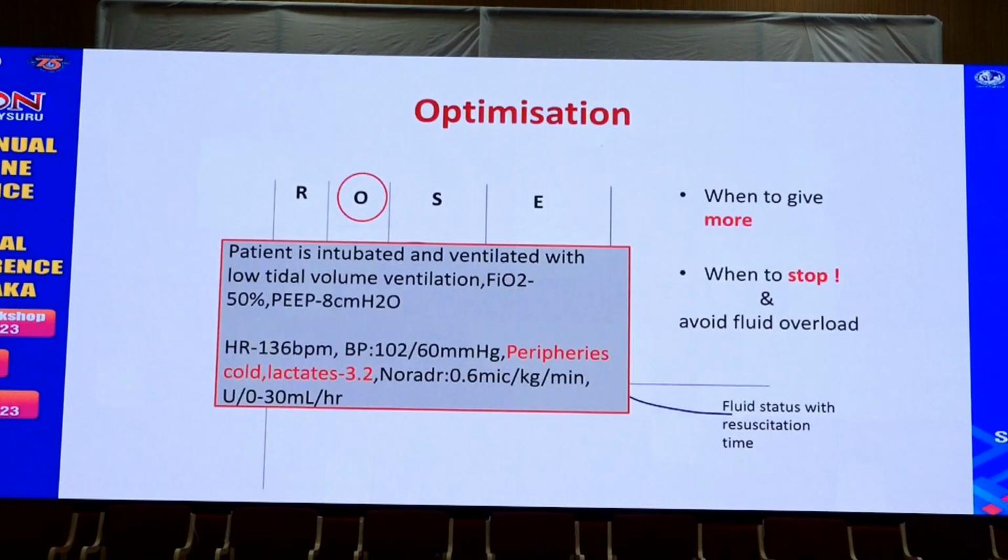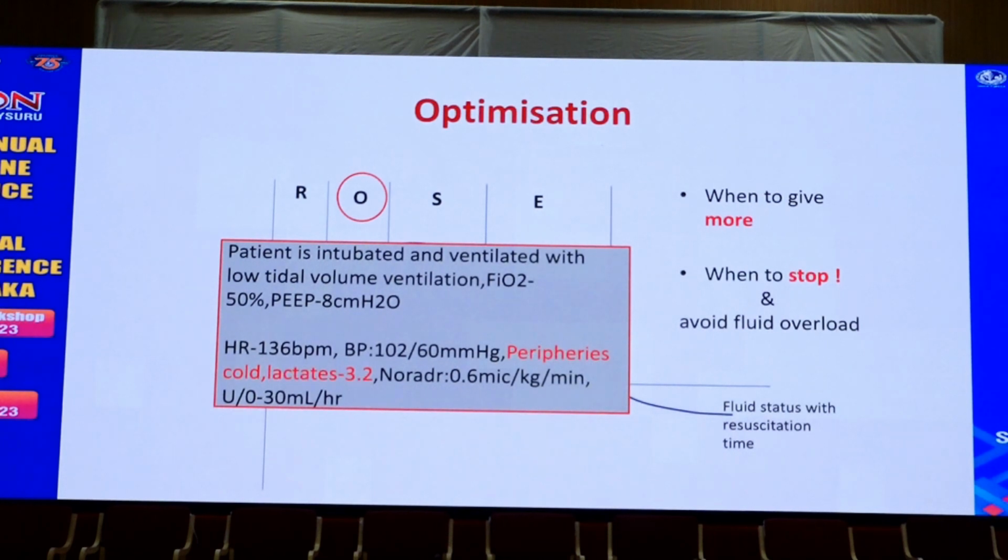But we commonly monitor and try to see whether fluids are beneficial or not. So this is the next phase once you finish resuscitation. So like life-threatening situation to organ support, where you try to optimize these patients. For example, our patient was having hypotension. Now our patient is intubated, ventilated. His peripheries are still cold, lactates are high.